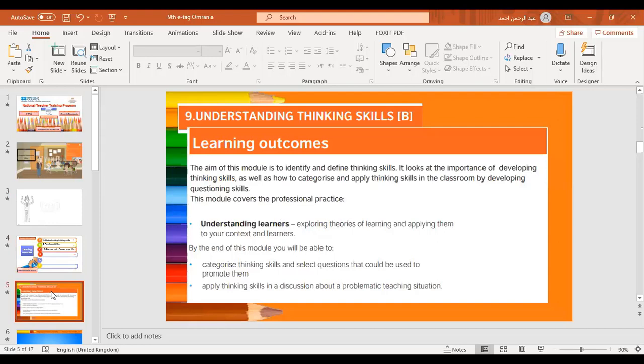It looks at the importance of developing thinking skills, how to develop your thinking skills and use some of the higher and lower thinking skills throughout your lesson or teaching. We have already spoken about Bloom's taxonomy the previous time, as well as how to categorize. Categorizing is the main core of our first part for this training today, God willing.